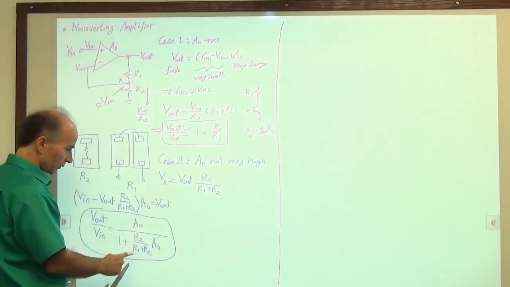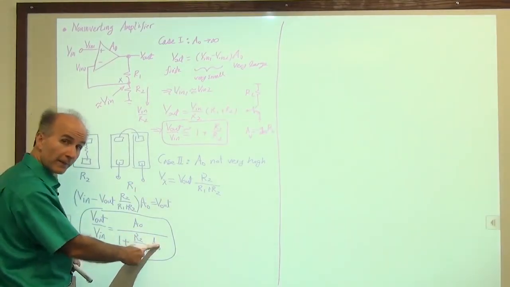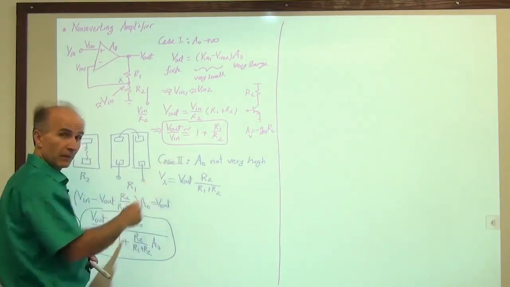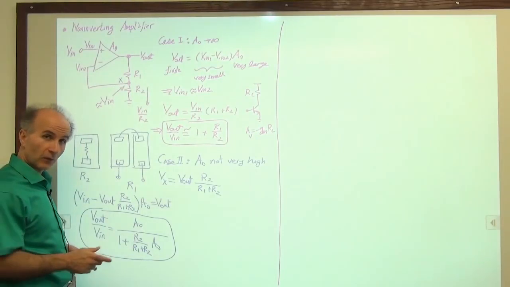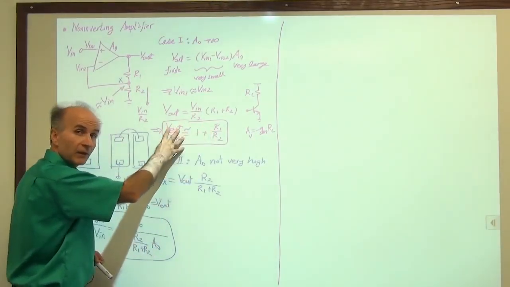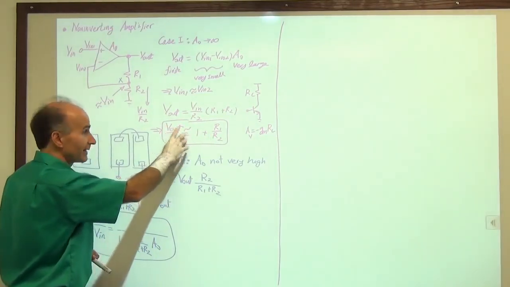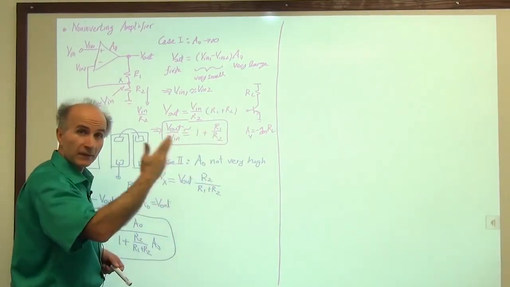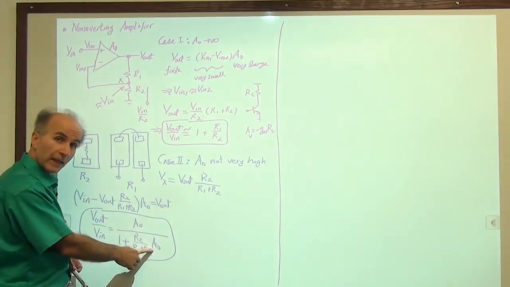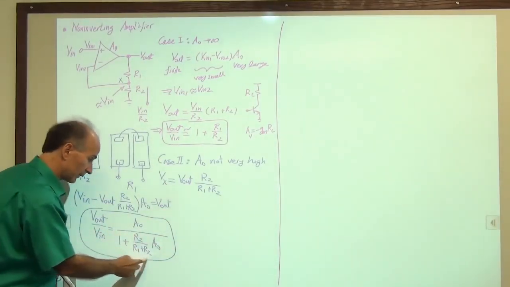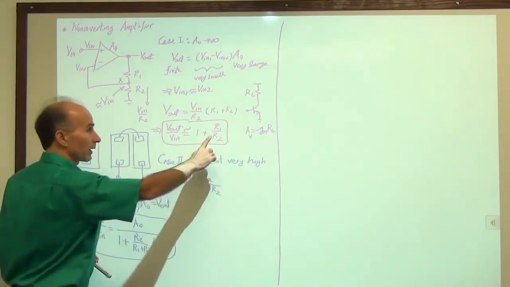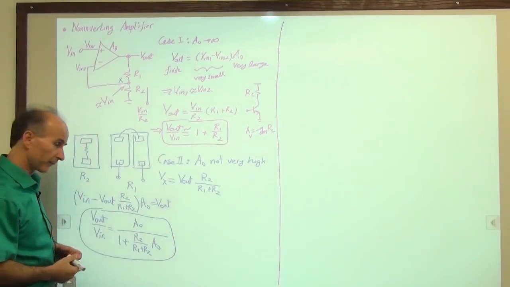We need R2 over R1 plus R2 times A0 to be much greater than 1 so that we can use this approximation. As I said before, this approximation is very desirable because the gain of the overall amplifier is independent of everything else, independent of A0. Here we have some dependence on A0. If we make sure that this term is much greater than 1, then we don't have much dependence on A0.